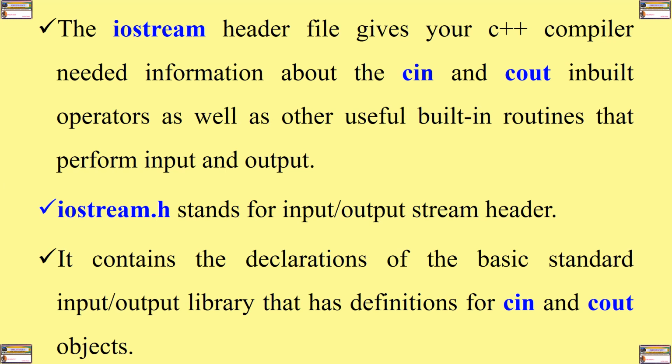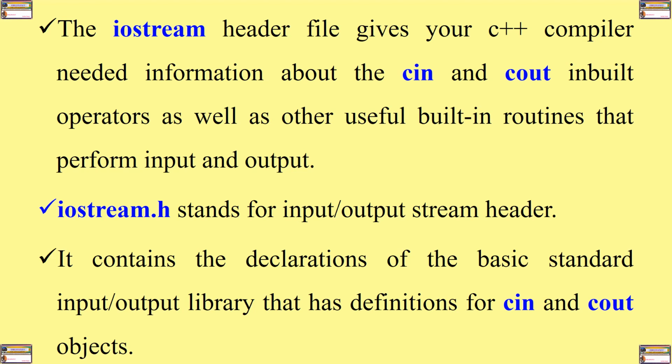It contains the declarations of the basic standard input-output library that has definitions for cin and cout objects. So if within your program, you know that you are going to be making use of input devices like a keyboard, and output devices like a monitor, those are defined, or the compiler is meant to know about them from the iostream header file.